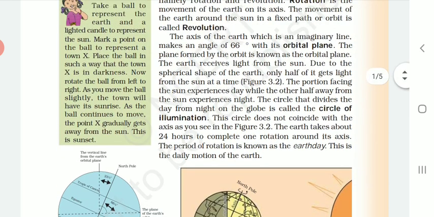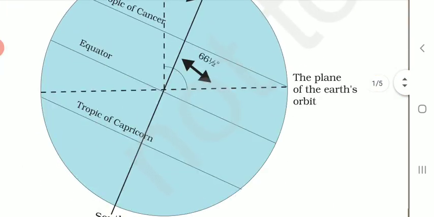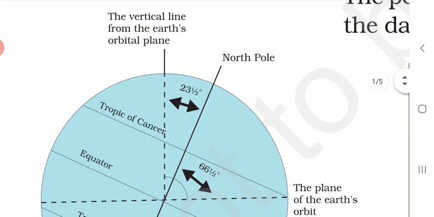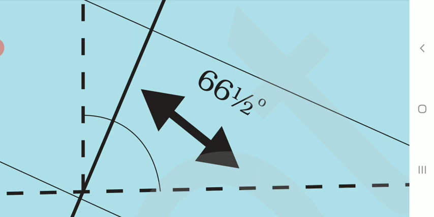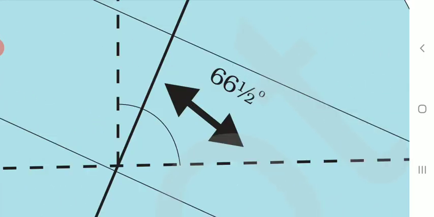Now you may be wondering what the orbital plane is. The orbital plane is the plane shown here by the dashed line. This orbital plane and the axis of the earth make an angle of 66 and a half degrees.